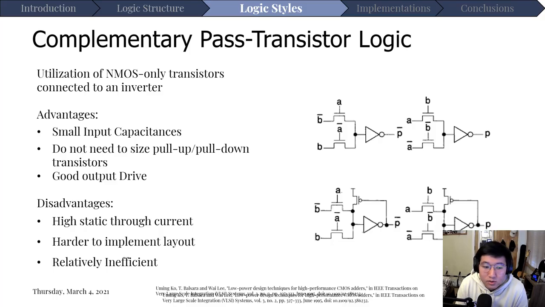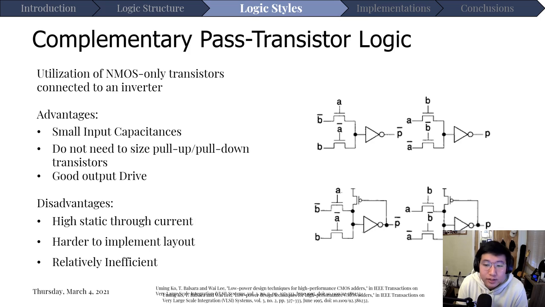As you can see in our top diagram on the right, this is an example: we just have the NMOS network that goes out to the inverter. The advantage is that because you only have the NMOS per gate instead of both the PMOS and NMOS, you have much smaller input capacitances, and you do not need to size the pull-up or pull-down transistors.